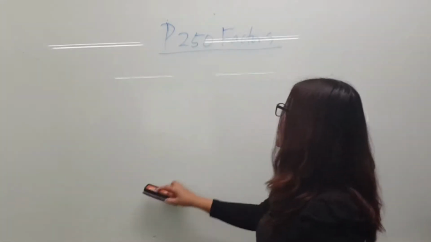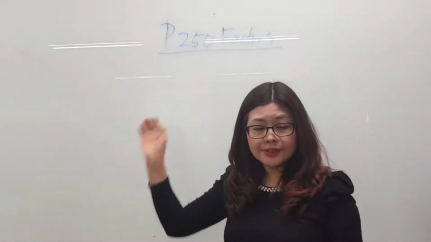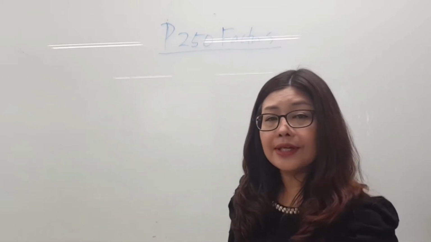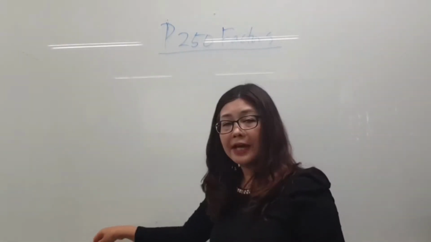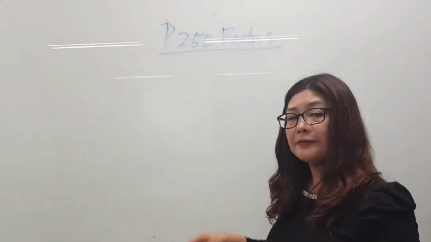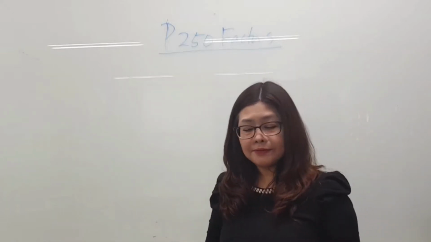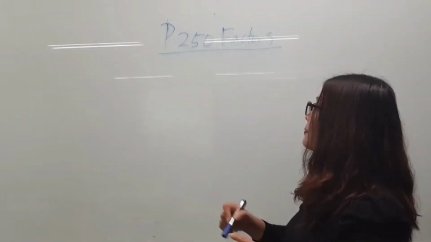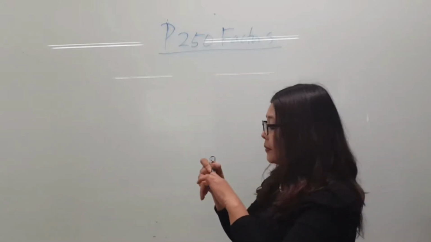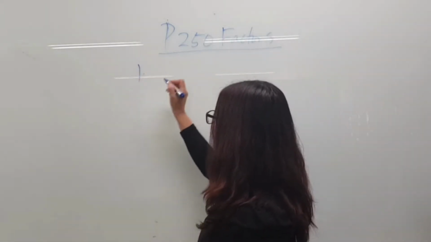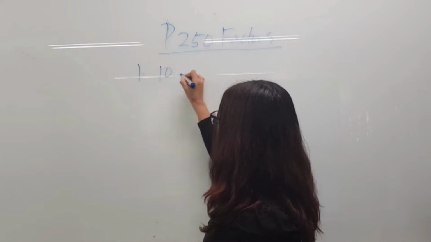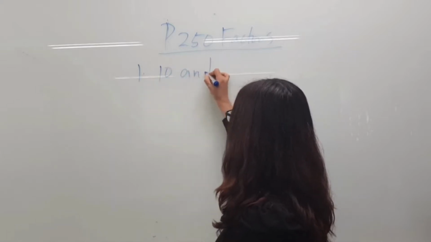Okay, now the lesson we're going to learn today is how to find the factors, the common factors and the greatest common factor. In your book, page 250, number 1, you have 10 and 14.